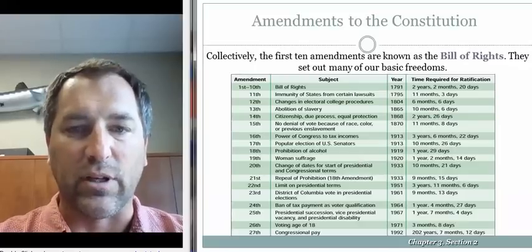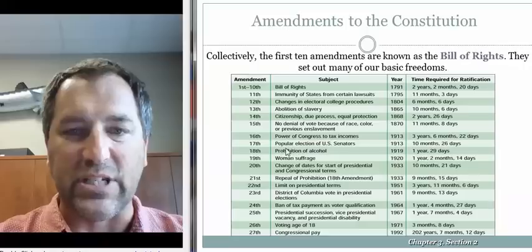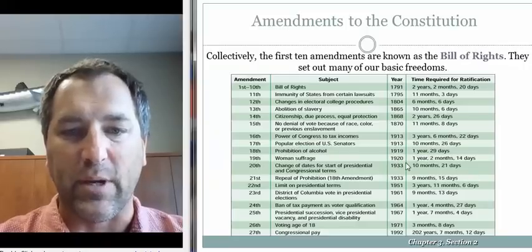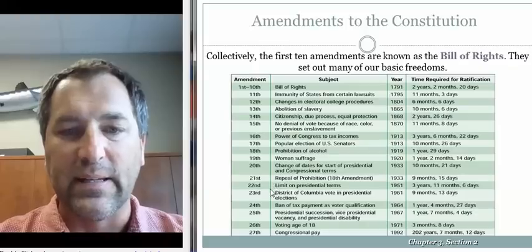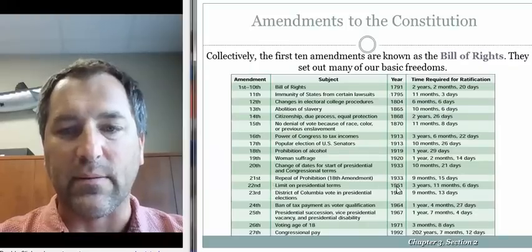Then you can look at some of the other memorable amendments that you see. Women finally get their vote with the 19th Amendment in 1920, quite late in history. The experiment with prohibition was tried in the 18th Amendment and then repealed in the 21st. The 22nd Amendment in 1951 officially limited the number of terms a president could win.